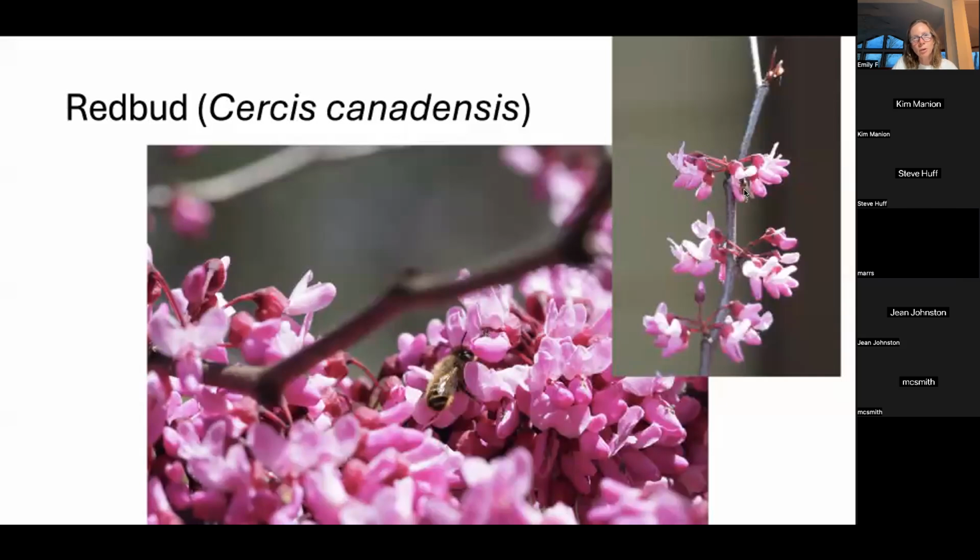And the neat part about it is there's an insect right here. These redbud flowers, all of the pea flowers, they have a banner on top, and then they have wings, and then they have this keel on the bottom.